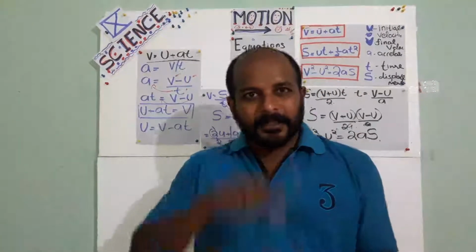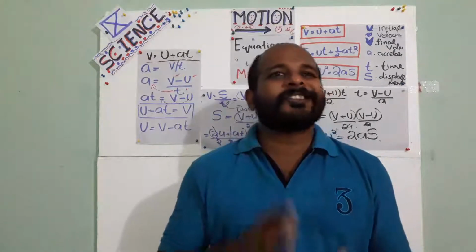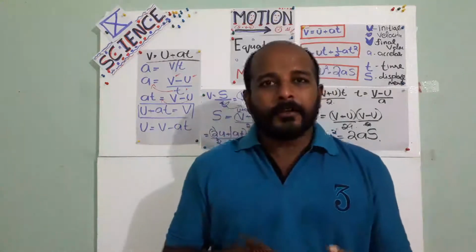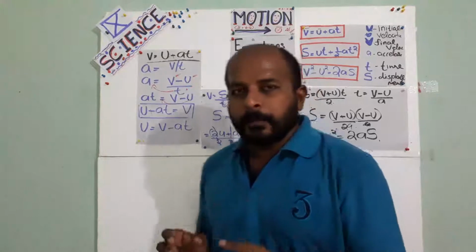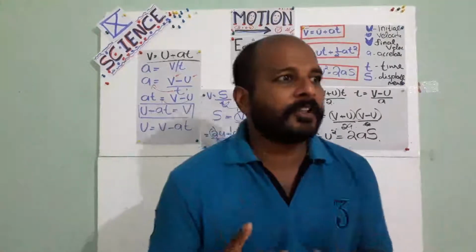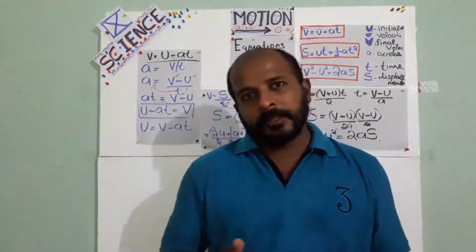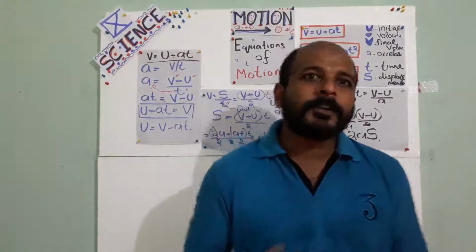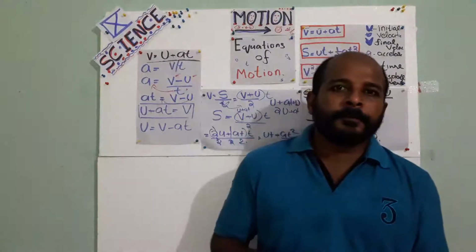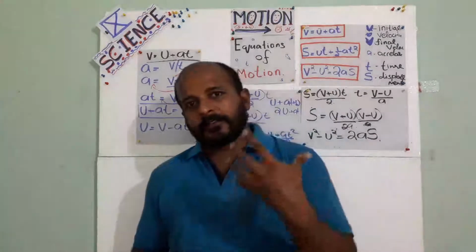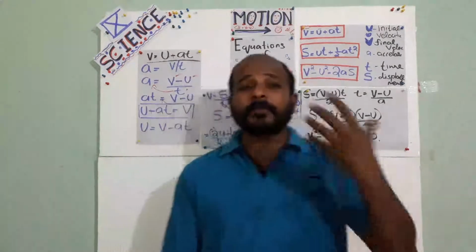Orbit means that circular path through which these electrons rotate around the nucleus. In some case, this electron will escape from that atom and it will become what? It will become free, isn't it? And these free electrons are mostly in the outermost shell.